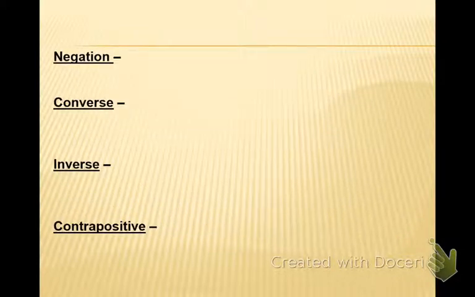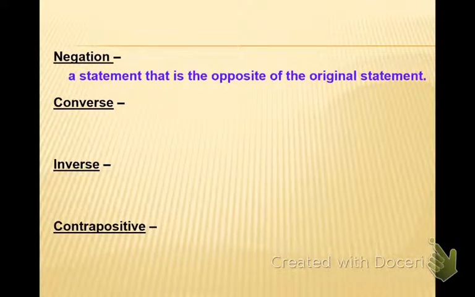Good. Now, what Daniel did, Shelby and Pete were talking about, those are different types of conditional statements. If-then statements, keep talking about those guys. A negation. What do we mean by negating something? A negation is a statement that is the opposite of the original statement.